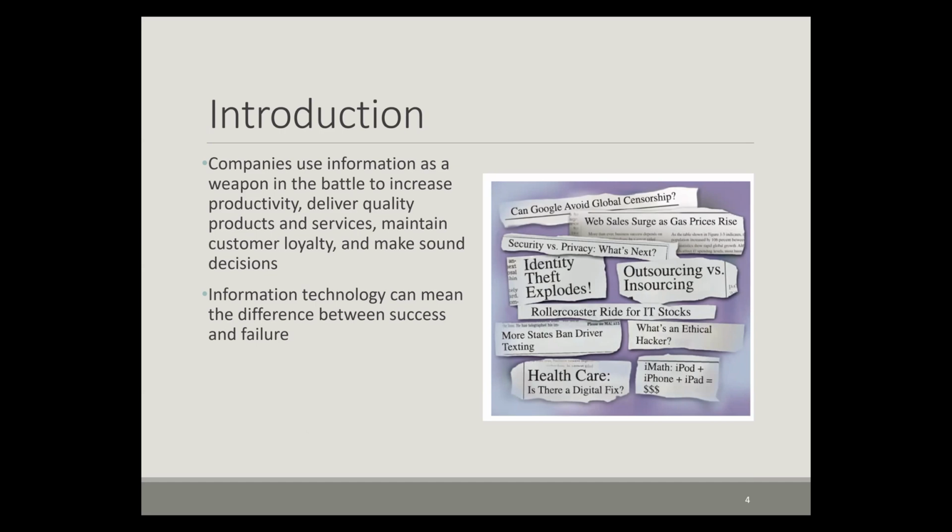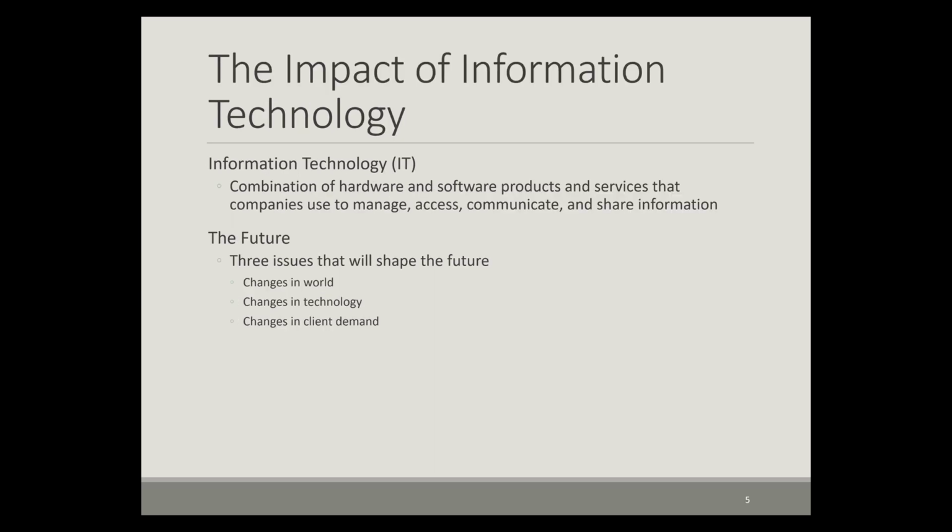So when we talk about the impact of information technology, or IT, it is the combination of hardware and software products and services that the organization has to use to manage, access, communicate, and share information inside its organization and also among its stakeholders or related people or related companies, like their suppliers as well.